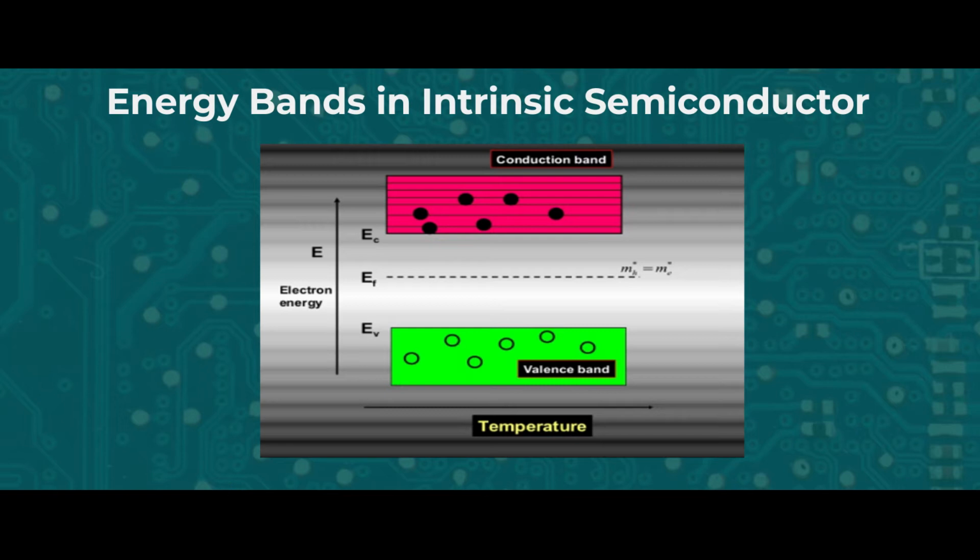And you can see here, as the temperature is raised, some of the electrons from the valence band, on gaining energy, jump to the conduction band, and free electrons are created in the conduction band, and simultaneously some holes are created in the valence band.